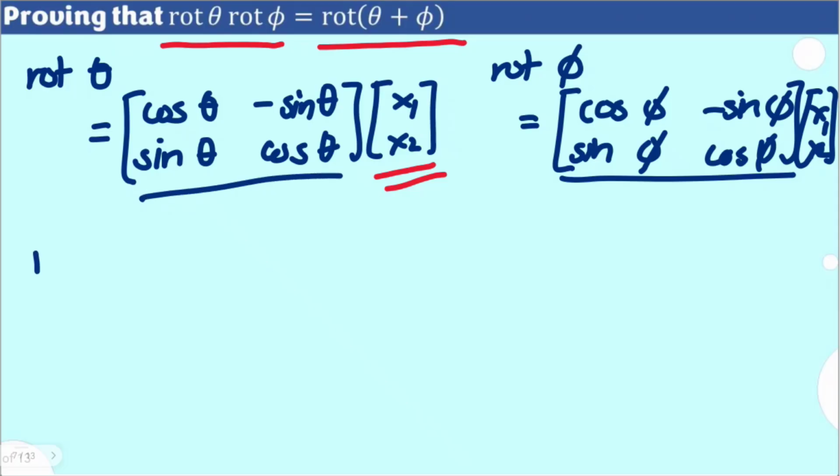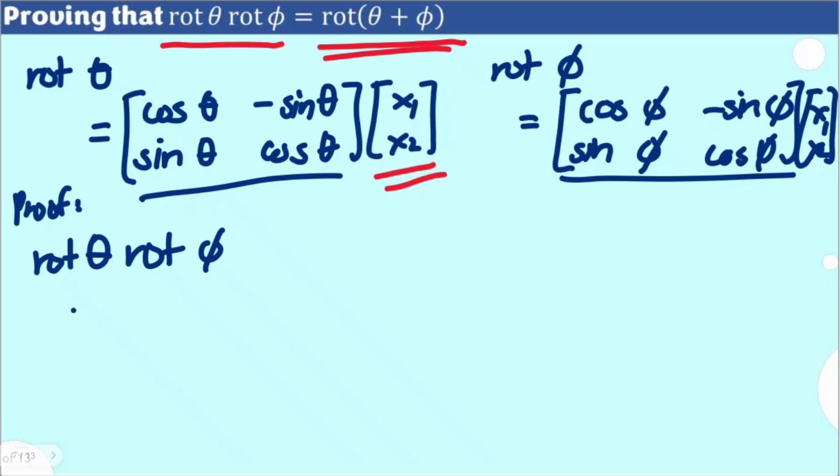If you're going to multiply, this is not a proof, the rotation of theta with the rotation of phi, where we would like to show that it is really true, just simply multiplying the two different forms or matrices.